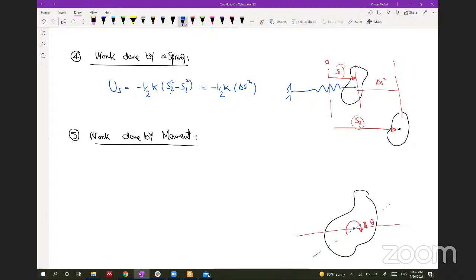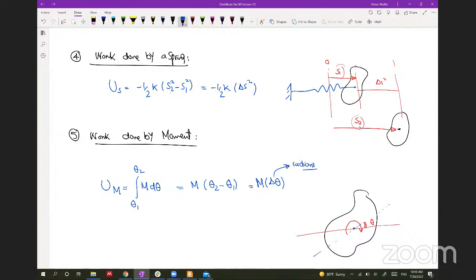So the work done by this moment M is equal to the integration of M d theta from theta 1 to theta 2, and if the moment is constant, we can take it outside and M will be multiplied by theta 2 minus theta 1, delta theta, and this should be in radians.